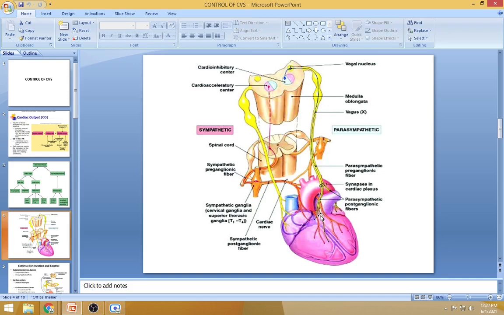Okay, so the effect of one parameter results in a cascading effect on another parameter. If you look at activation of the cardioacceleratory center, what happens is that when this is stimulated, the heart is accelerated.